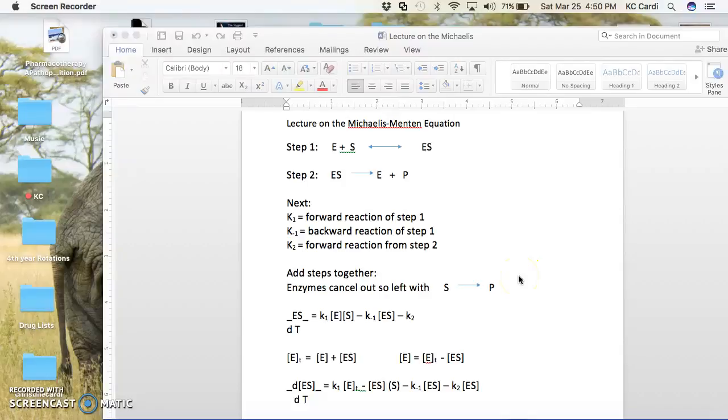To make a steady state approximation, the creation of the enzyme substrate is equal to the sum of all reactions decreasing it: K1, which creates ES, minus K-1, which consumes ES, minus K2, which also consumes it, which gives you a net value of 0. This instantaneous rate of change gives you this product right here.